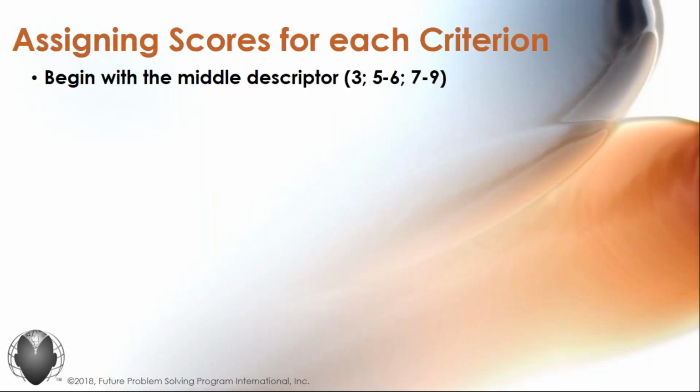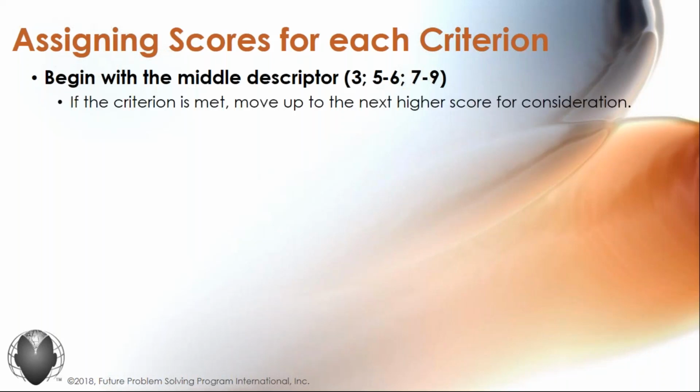So as we apply the scores for each criterion, many of our evaluators who have been evaluating us over the years feel like they begin with the middle descriptor. So if it's 1 through 5, that middle descriptor would be 3. If the range is 1 through 15, that middle descriptor would be in the 7 to 9 point range. So as they look at that middle descriptor compared to that scenario, they would say, okay, it looks like this piece of writing matches all of these items that are in this descriptor.